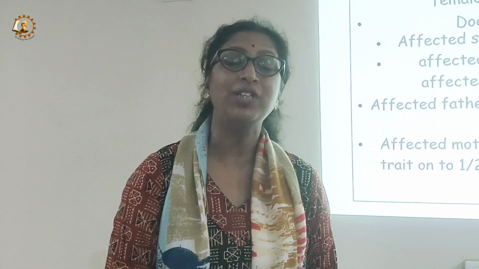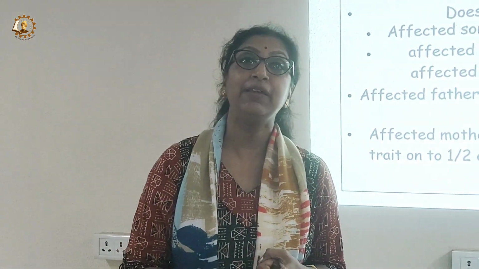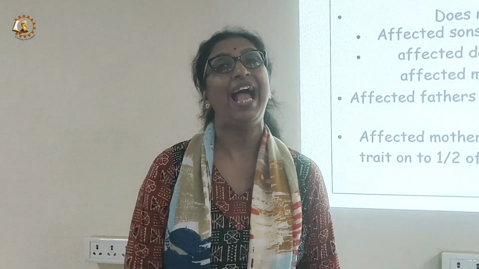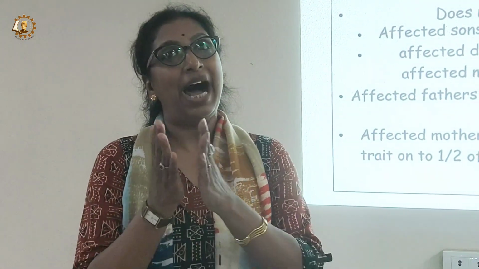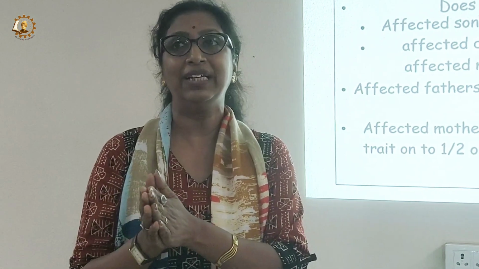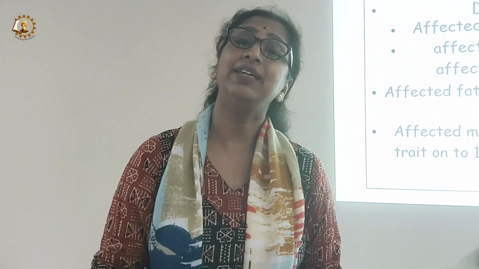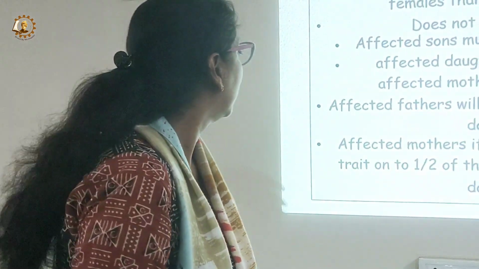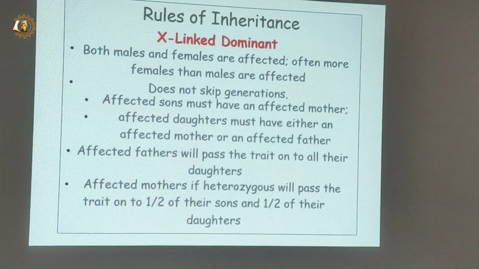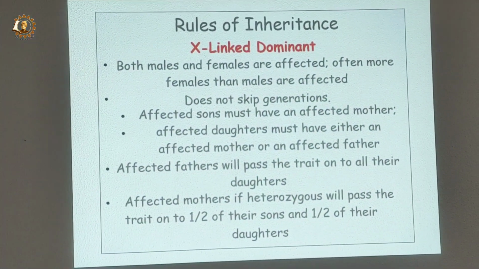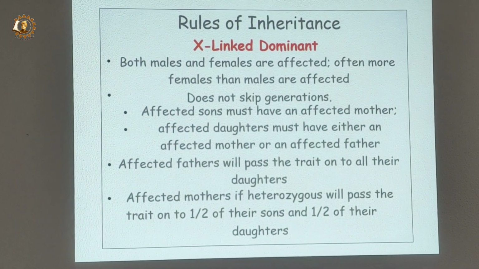And in case of daughters, they will receive one X from their mother and another X from their father. So it is obvious either their mother or their father will provide that affected X to their daughters. Okay? So affected mothers, if heterozygous, will pass the trait to half of their sons and half of their daughters.